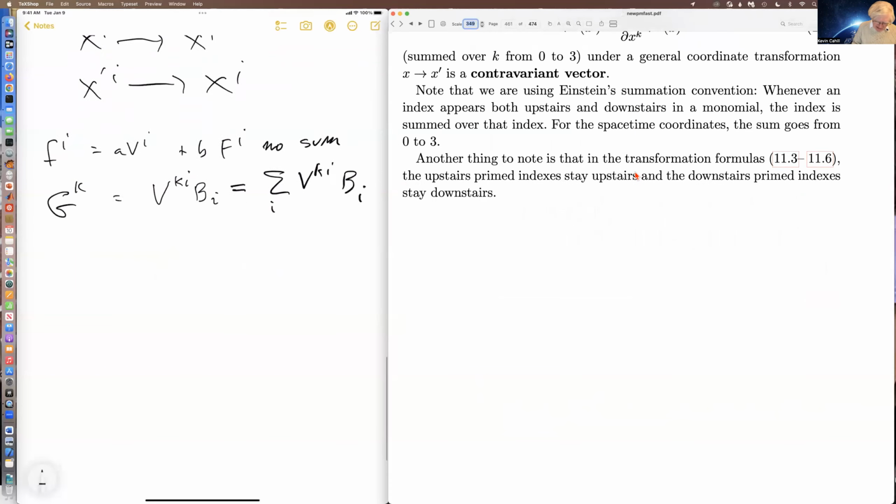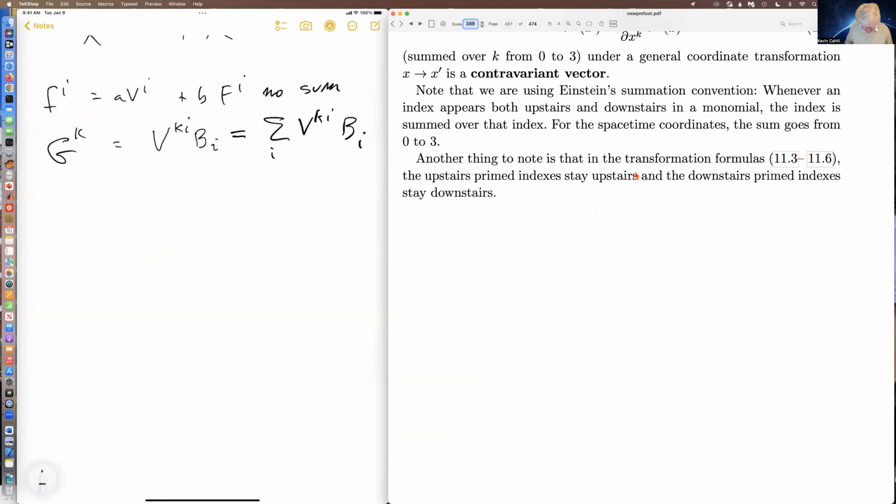Now you may say, well, why is he saying this? This sounds sort of trivial. Well, in some of these equations we'll see this in a moment.